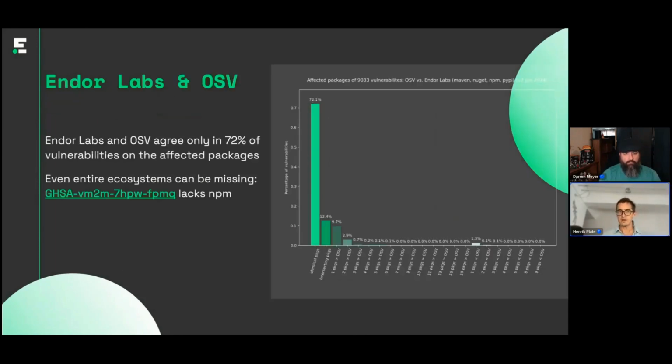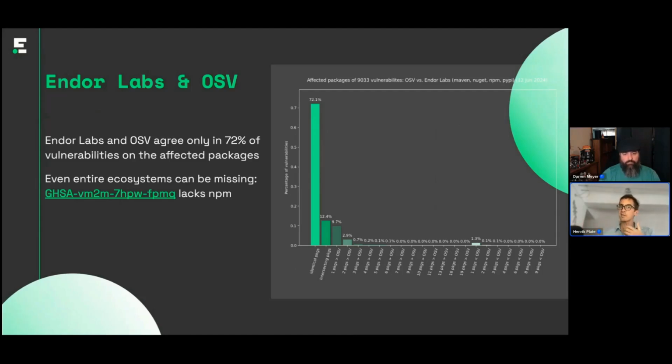And this goes as far as you see on this bar chart. What we do here is we looked at our own proprietary vulnerability database and compared the affected packages of the advisories with the affected packages reported by OSV.